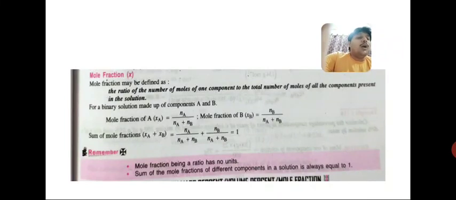And students, always the sum of the mole fractions is 1, right? So suppose there are 2 components only and you have already found the mole fraction of one, then for the second one you simply subtract this mole fraction from 1. And students, more than 2 components is also possible, but yes, a minimum of 2 components is present.